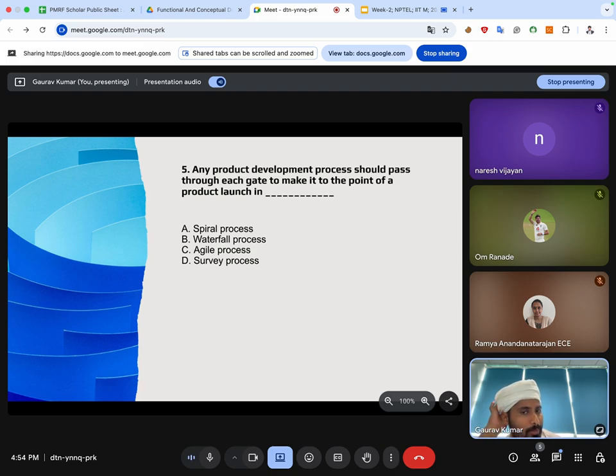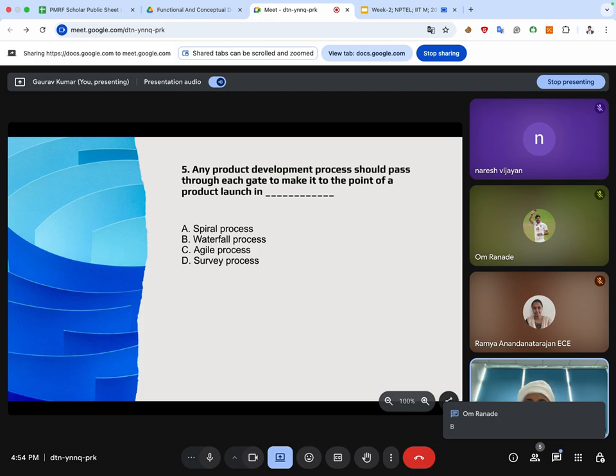Spiral process, waterfall process, agile process, or survey process? B. Okay, waterfall process.